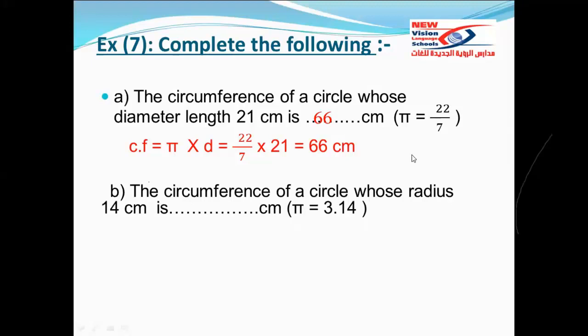The circumference of a circle whose radius is 14 is... What rule will we use? 2 pi r. Excellent. We will use 2 pi r as he gives you the radius. 2 times 3.14 times 14 gives you 88 centimeter. Okay.